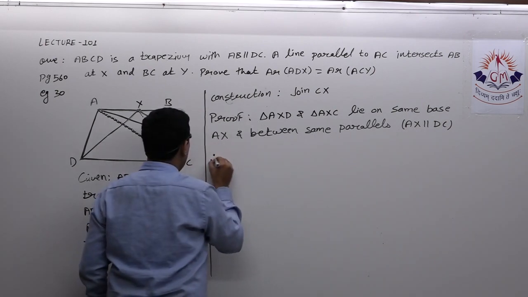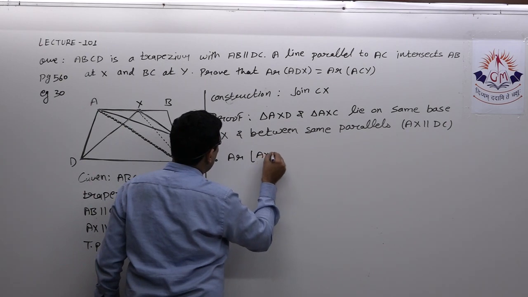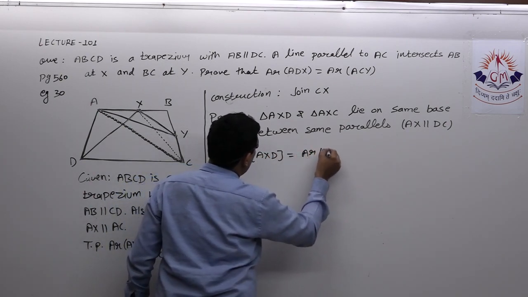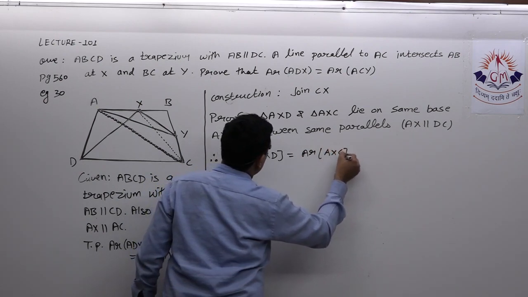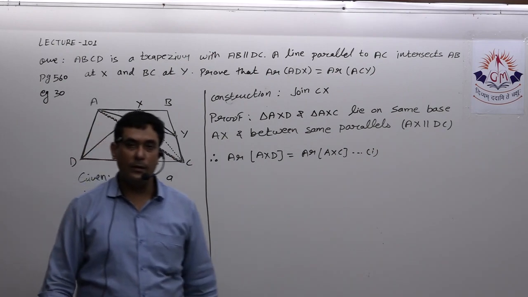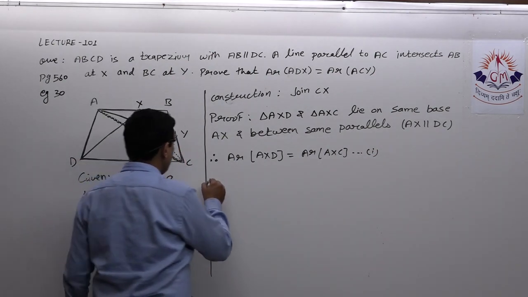Therefore area AXD is equal to area AXC, as these two triangles are on the same base and between same parallels, so their areas must be equal.